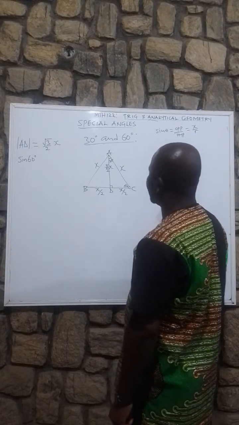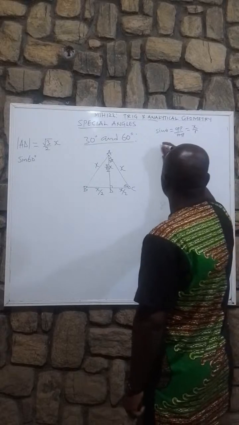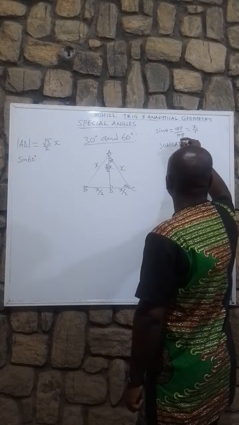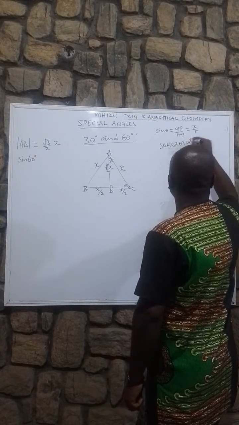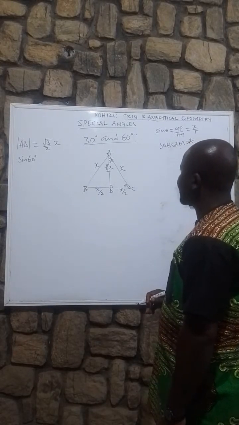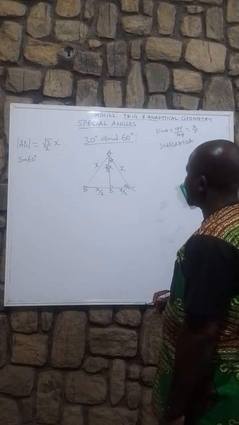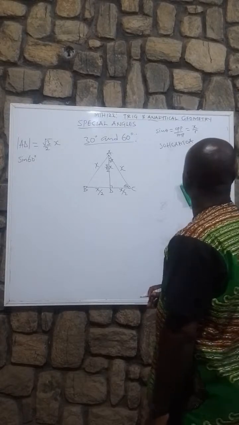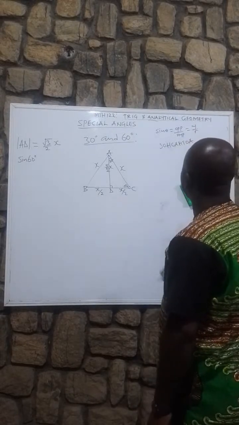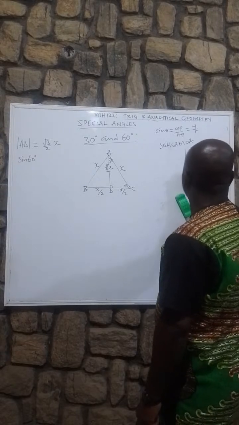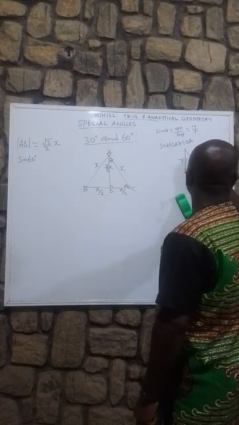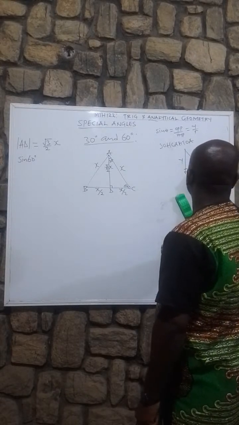Opposite all over hypotenuse. Oh, sorry, this is y all over r. That is, if we have a right angle triangle of this form, this is y, this is r, this is x.